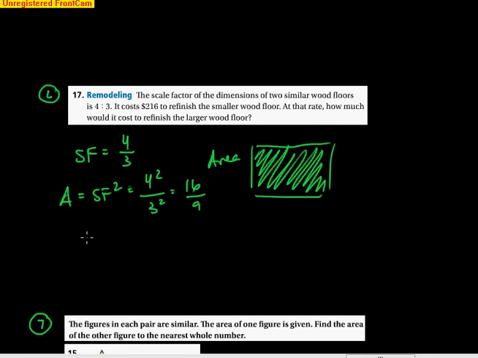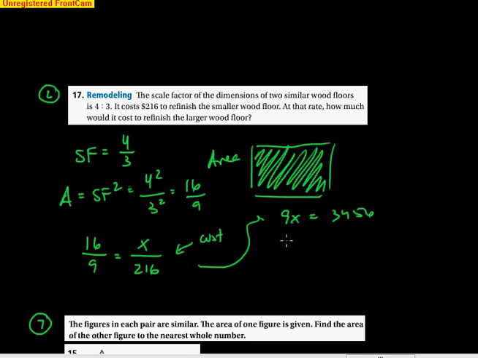And now I set up a proportion. The ratio of my areas is equal to the ratio of my actual cost, right? This is going to be cost. And it costs $2.16 to refinish the smaller wood floor. So this $2.16 goes across from the smaller number. That means the cost of the larger is right there, X. And what I'll do is I'll cross multiply: 9x equals 16 times 216, which is 3,456.